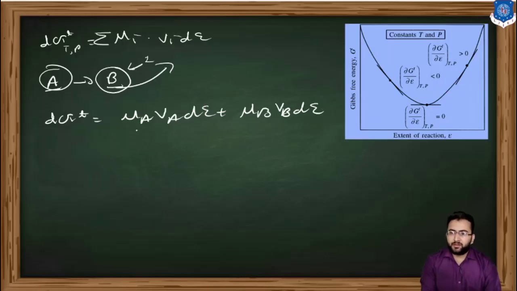What is the meaning of vA and vB? vA is the stoichiometric number of component A, and vB is the stoichiometric number of component B. The stoichiometric number for a reactant is always negative, so vA is minus 1 and vB is plus 1.